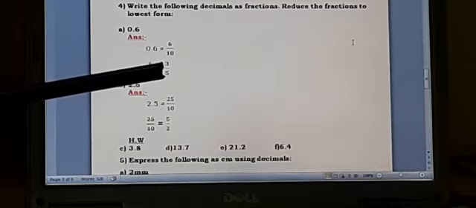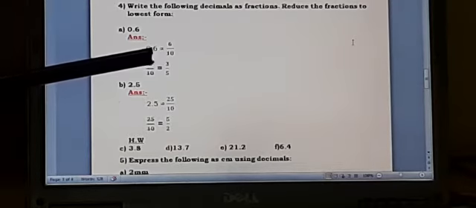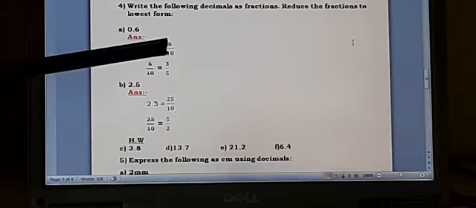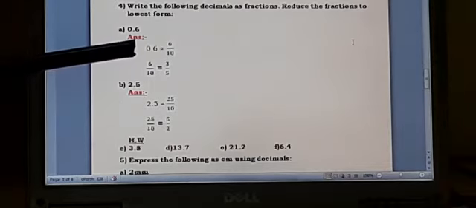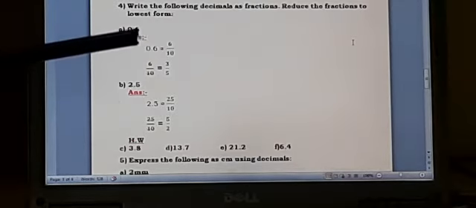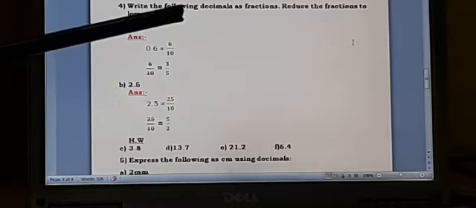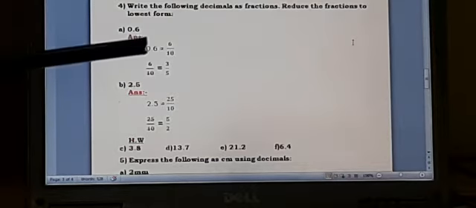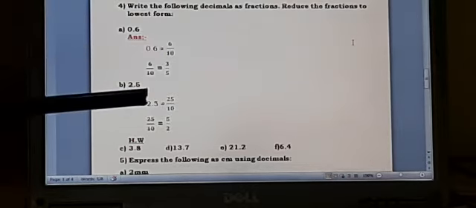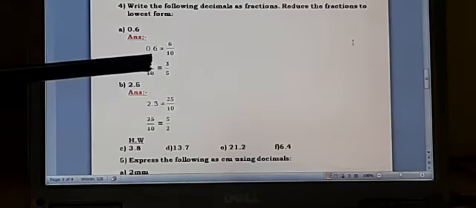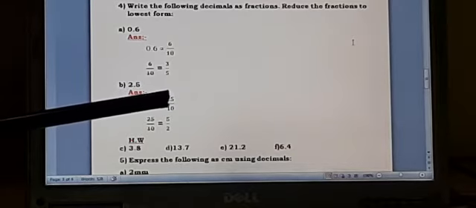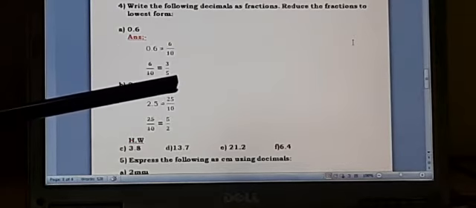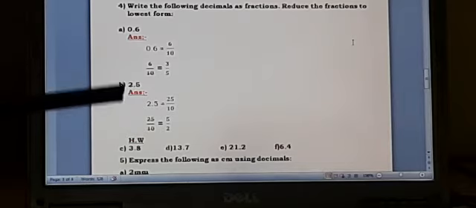That's why I have written 10 in the denominator. So this 6 will come in the numerator. So 0.6 as a fraction is 6 by 10. Now this 6 by 10 we have to make into the lowest form. So 6 by 10 we can divide by 2, and we will get the answer. This is the simplest form of 6 by 10.